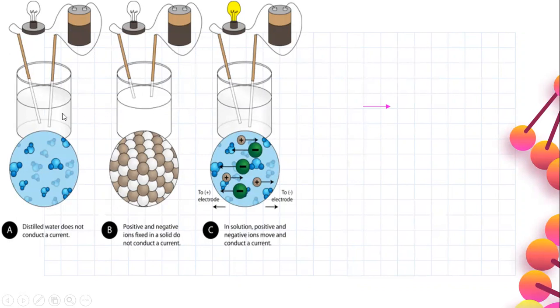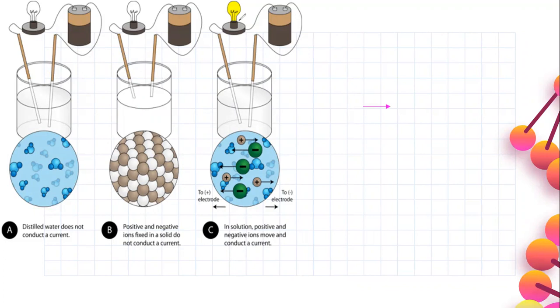In the first one, diagram A, we have distilled water, and in the second one, we have positive and negative ions fixed in a solid. In the third one, we have a solution which has mobile ions. So when we complete the circuit, you can see here the bulb is still off, here the same, but in the third one, the light is on.